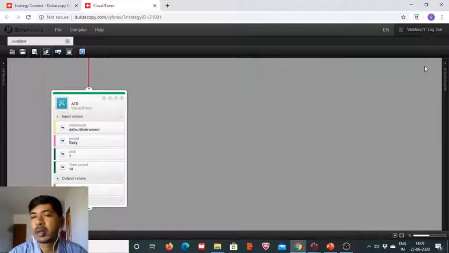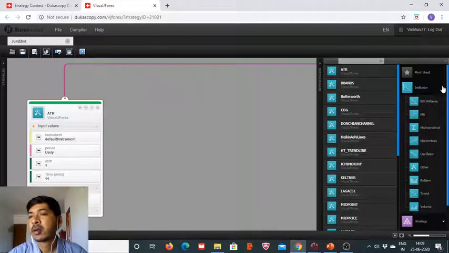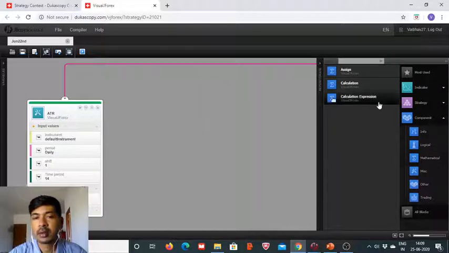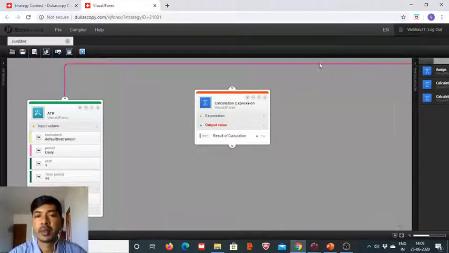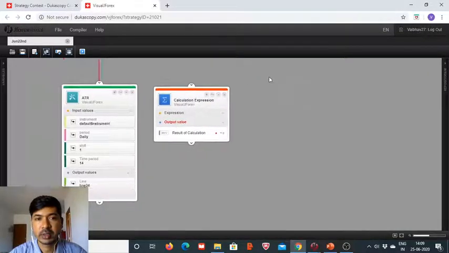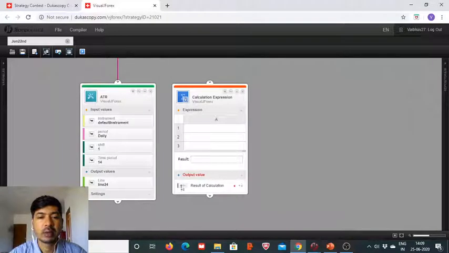we need to get the calculation expression blocks to carry out the needed calculations. Mathematical, here we got the calculation expression, and we will define the 40% of ATR.